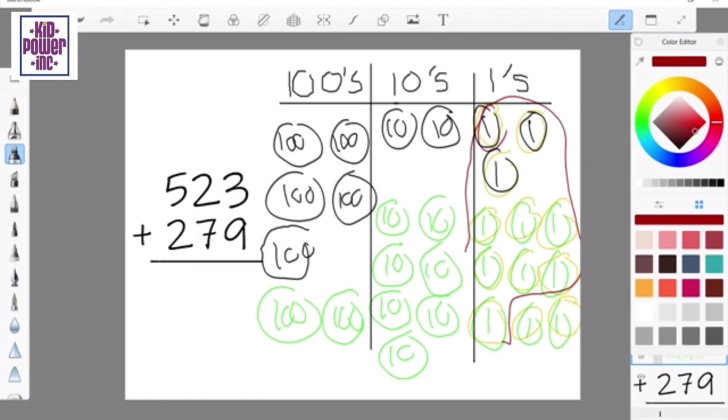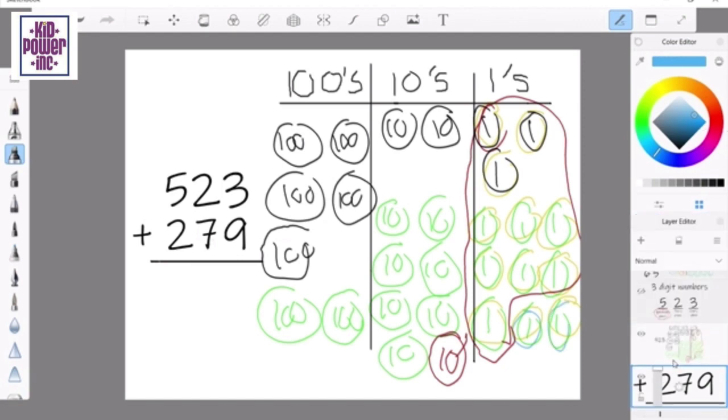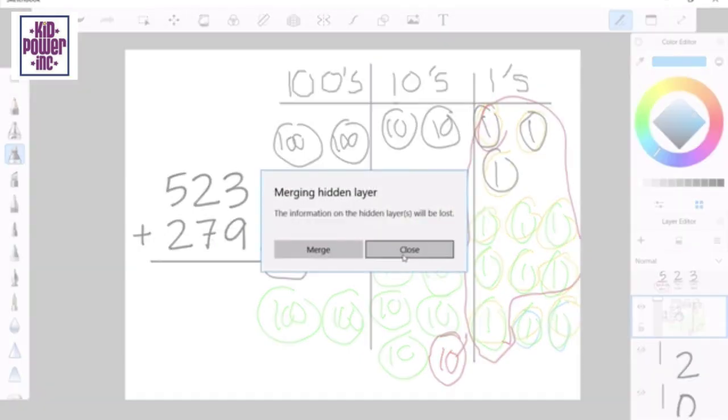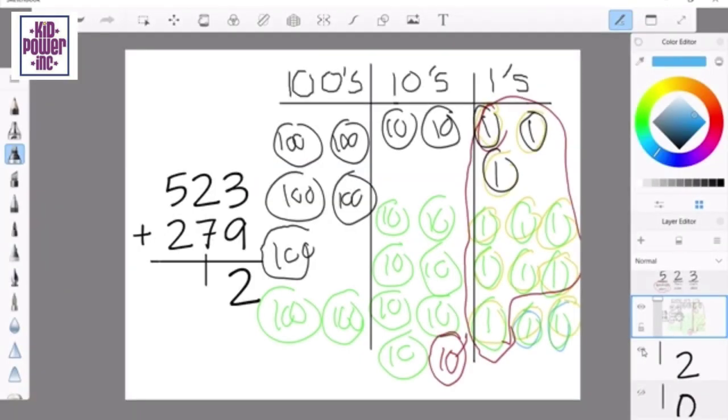So let's just circle those and ship them off to the tens place. Now let's count the remainder. 1, 2. So we add a little 2 and a dash in the tens place to show that we had added an extra 1 to the tens place, right here.